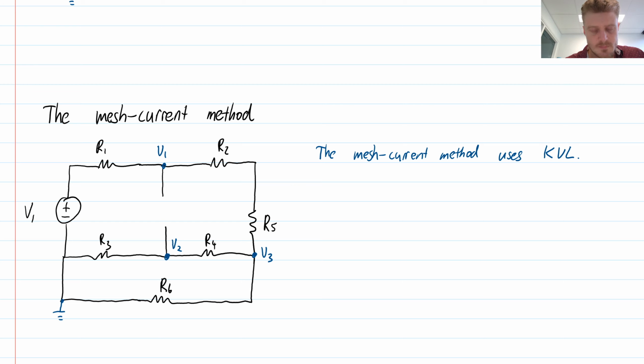So we need to be able to calculate voltages going around a loop, or around in our meshes. Because we're using KVL, if I had a voltage source here, VA, then it's fairly easy to write Kirchhoff's voltage law for each of the meshes in my circuit.